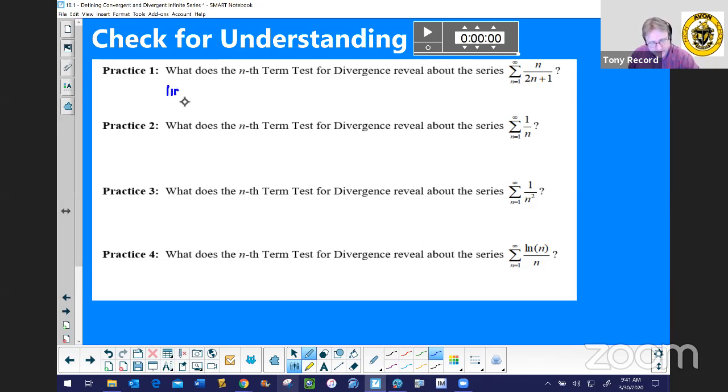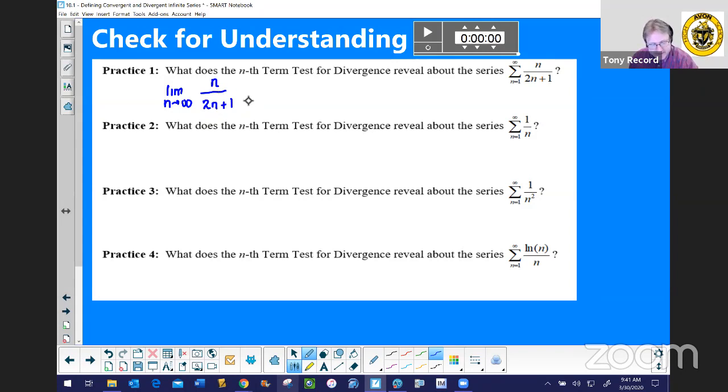I'll start by taking the limit as n approaches infinity of this expression, n over 2n plus 1. We could use a variety of ways to solve this limit. Probably my favorite, because we have n approaching infinity, is to compare the degree of n on the top and on the bottom, and they both have exponents of 1. They match.